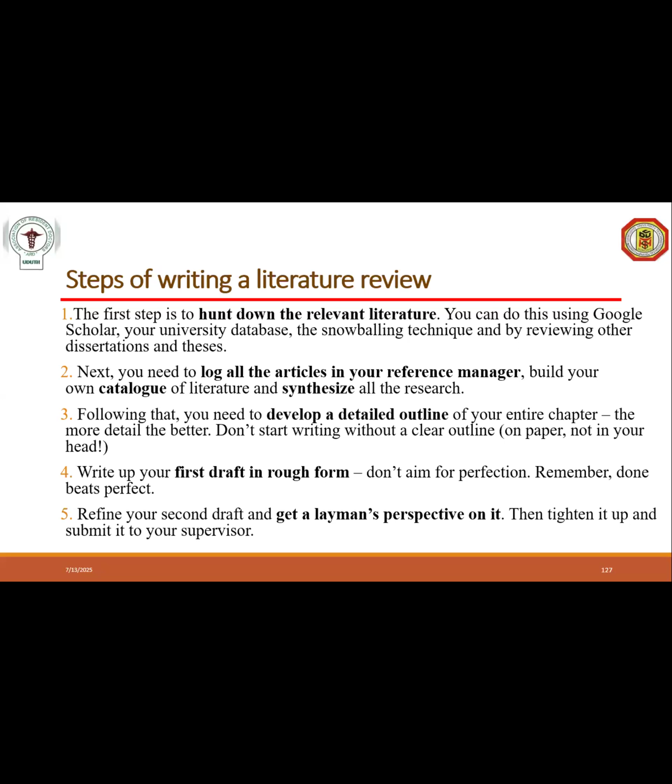Remember, done beats perfect. Start with drafting a rough one, then you make some corrections and adjustments. Then number 5, refine your second draft and get a layman's perspective on it. Then tighten it up and submit to your supervisor. So that is your chapter 2.